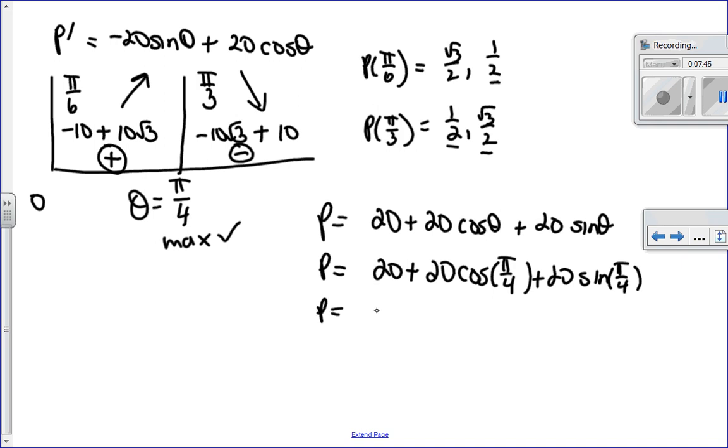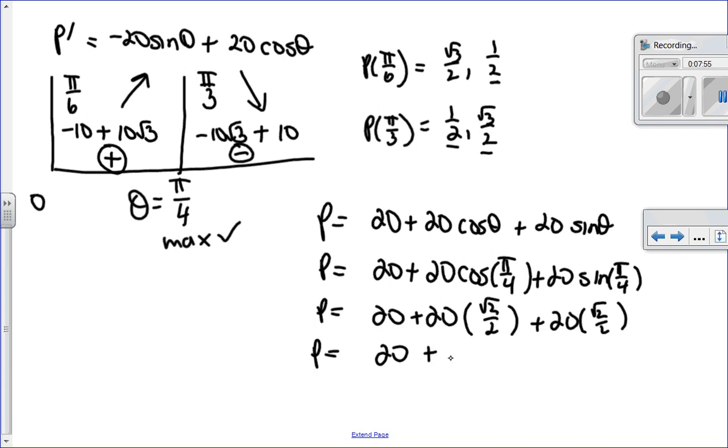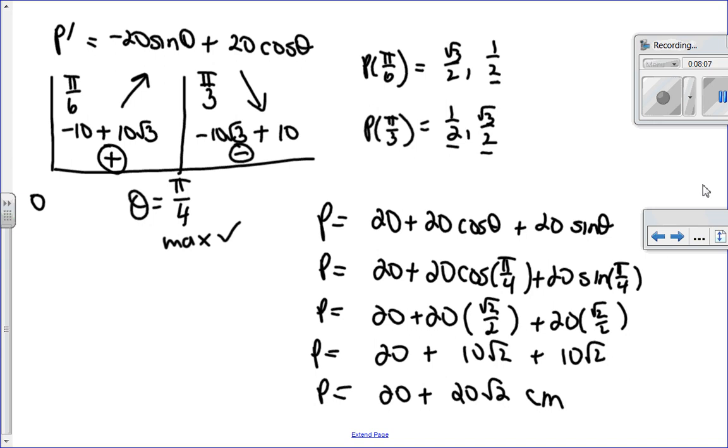So this is going to be 20 plus 20 times root 2 over 2 plus 20 times root 2 over 2. So 20 plus 10 root 2 plus 10 root 2. Grouping my like terms, it would be 20 plus 20 root 2 centimeters. That would be my maximum perimeter.